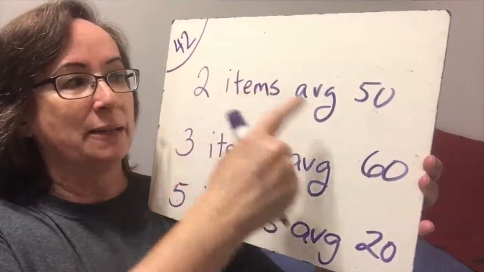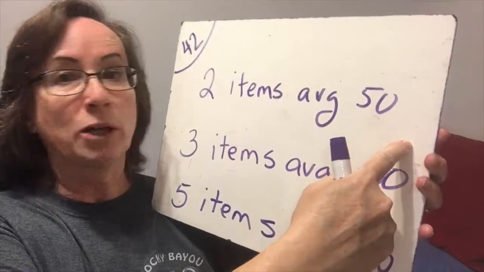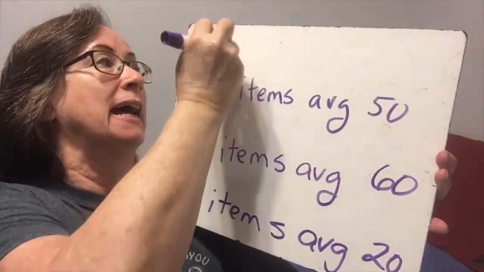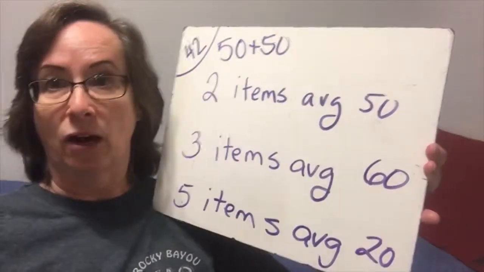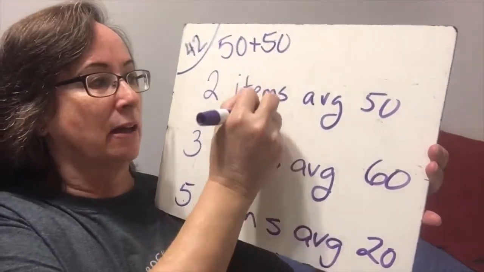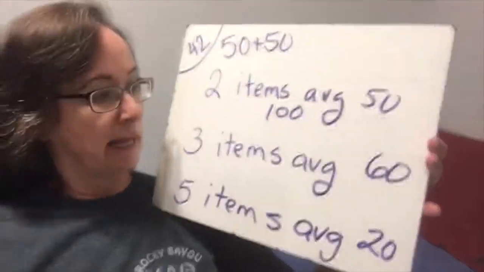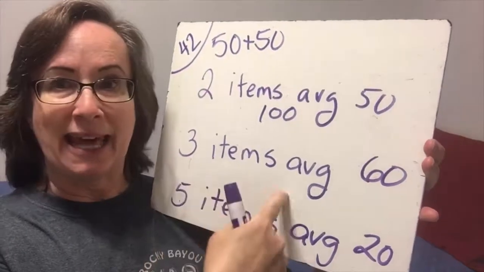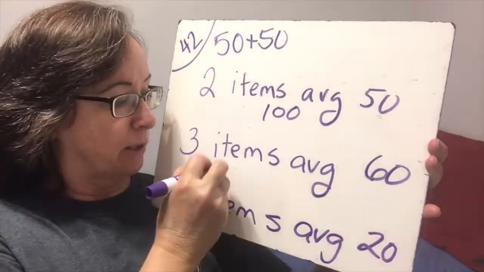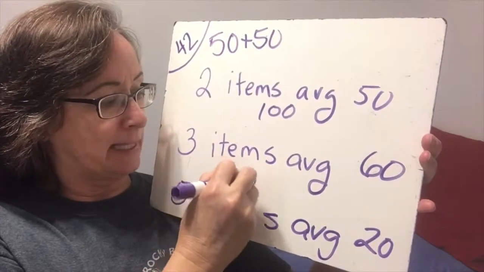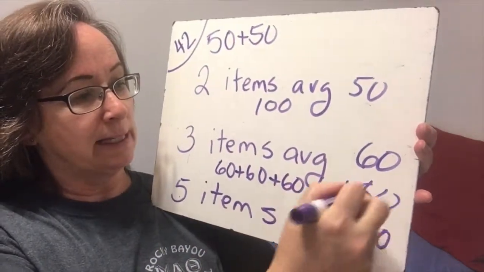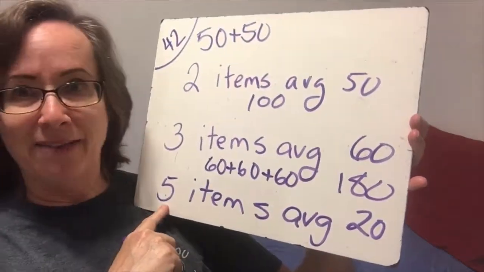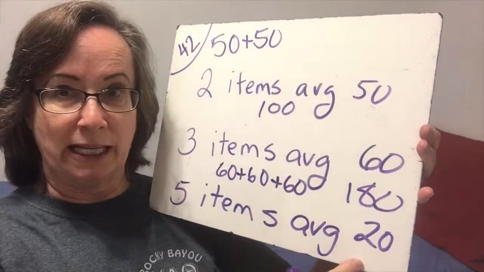We have 2 items that average 50. So we're going to count those 2 items as 50 plus 50. Okay, so we have 100 points from those 2 items. And then we have 3 items that average 60. So we're going to think of those as 60 plus 60 plus 60, which is 180 points. And then we have 5 items that average 20 each.